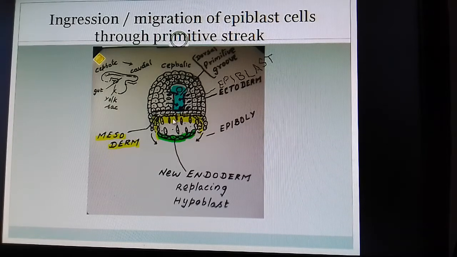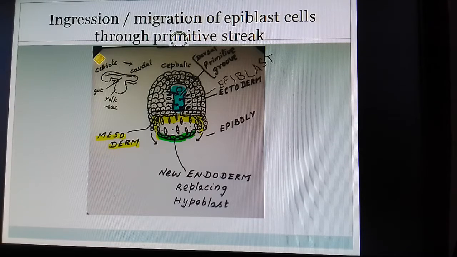And then just at the central region, between the endoderm and the epiblast layer, there are cells which are accumulating to form mesoderm. And here also we can assume the mesodermal cells which are passing towards the anterior part, that is the cephalic region, will become the chorda mesoderm and the notochordal cells, neural tube.